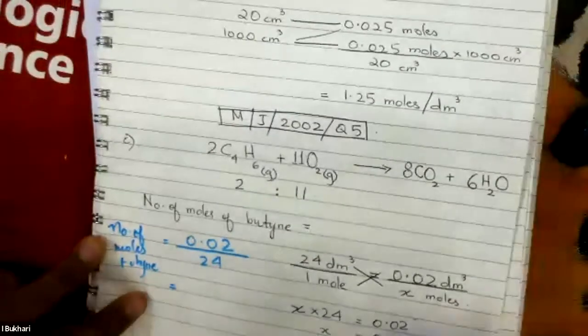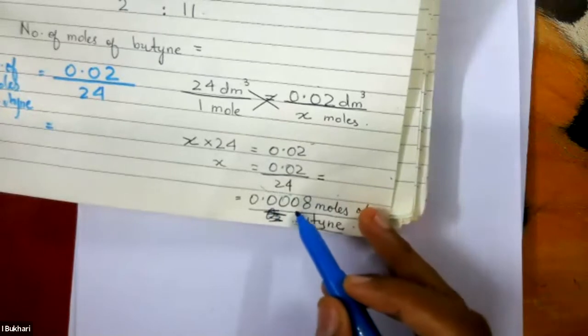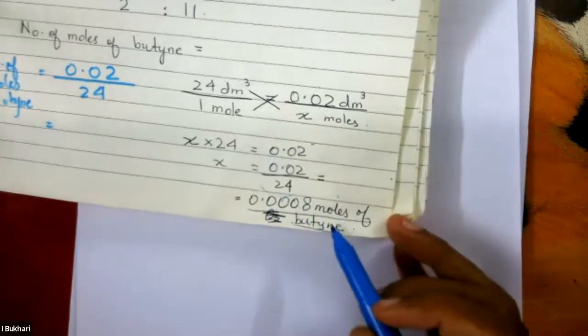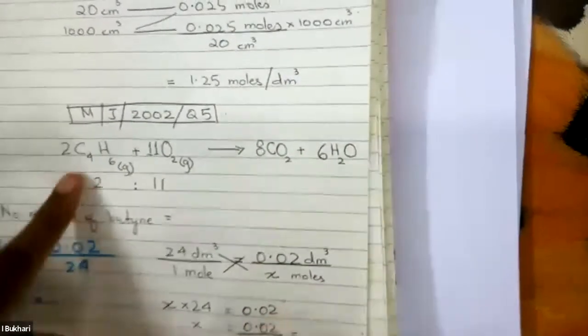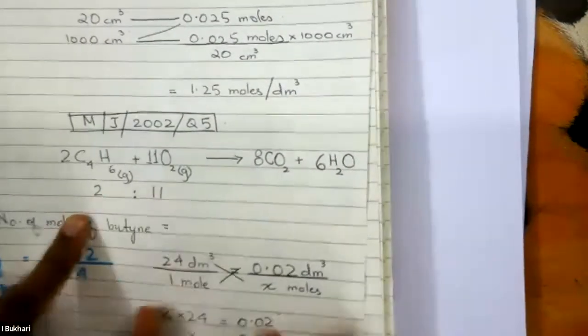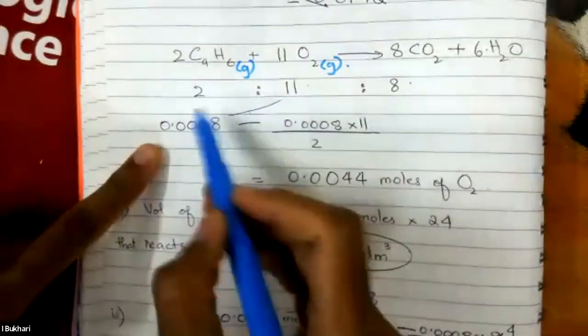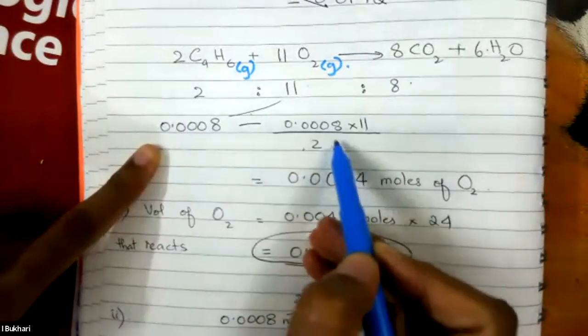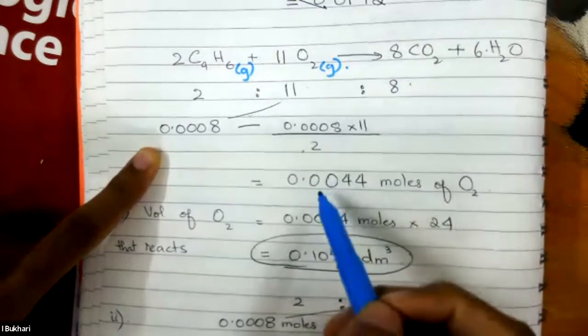When you do 0.02 divided by 24, you get 0.0008 moles, that many moles of butane. So now we know the moles of butane that reacted. Using the ratio of 2:11, we can find out the number of moles of oxygen that reacted with it.